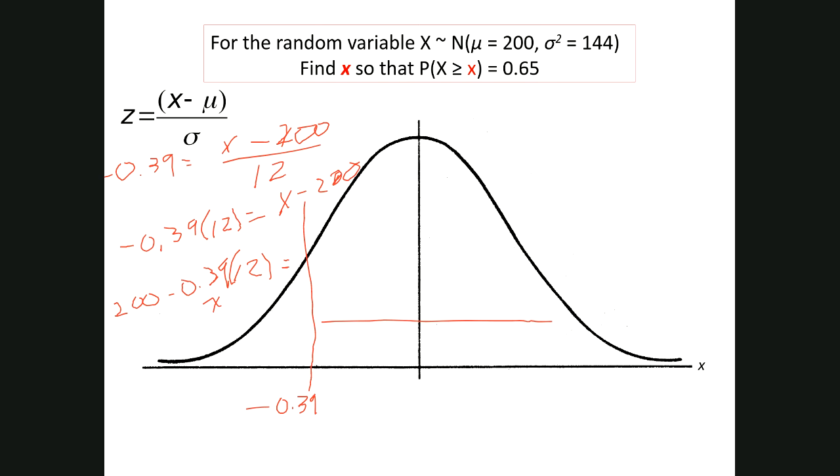So let's do the calculation. x equals 200 minus 4.68, which results in the value we've been looking for: 195.32.